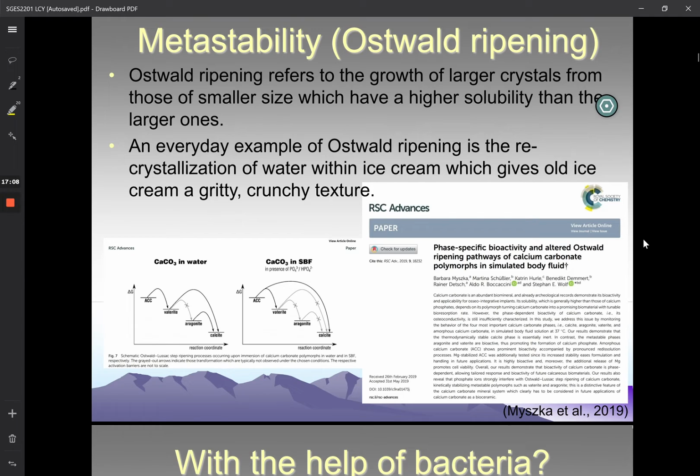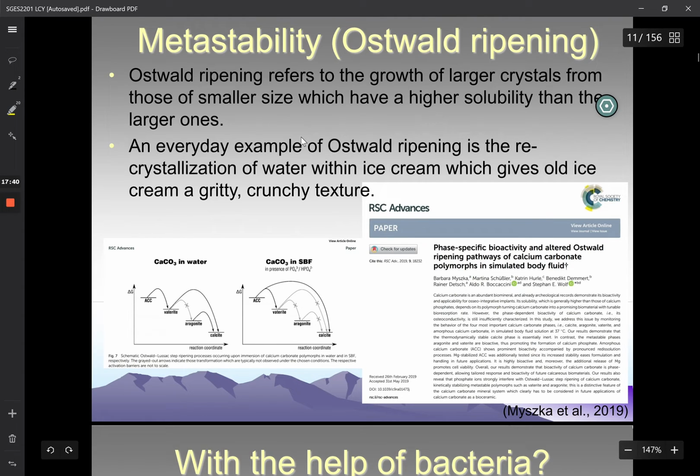This is a process where the less stable minerals will undergo dissolution and reprecipitate, or rearrange and recrystallize as more stable minerals, usually much larger ones.